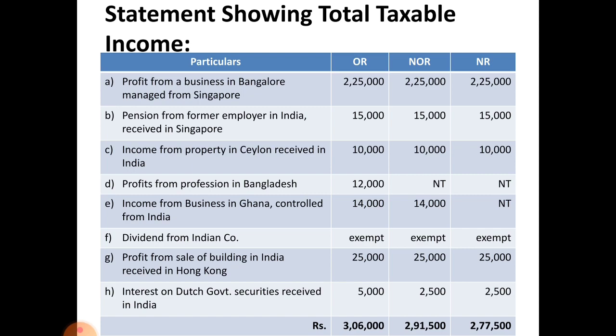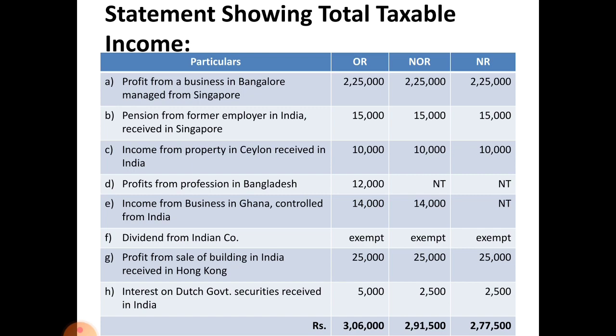See the first one, profit from a business in Bangalore managed from Singapore. All three categories taxable. Pension from former employer in India received in Singapore, taxable because received in India. Here the former employer is from India, that is why taxable under all three heads.